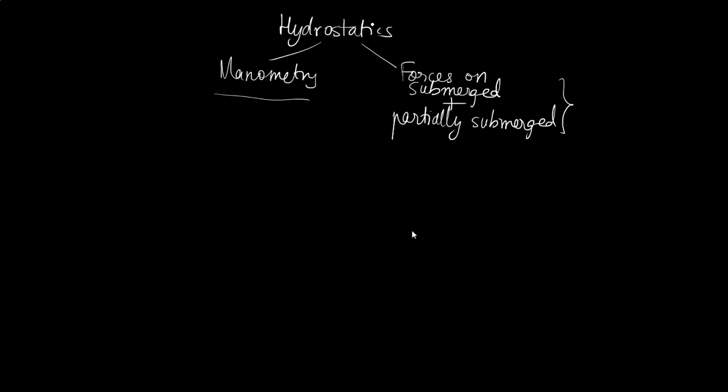Okay, guys, let us proceed. I'll open up the session for discussion, so you can ask all your questions there. So let us begin with the first idea, that of pressure at a point.